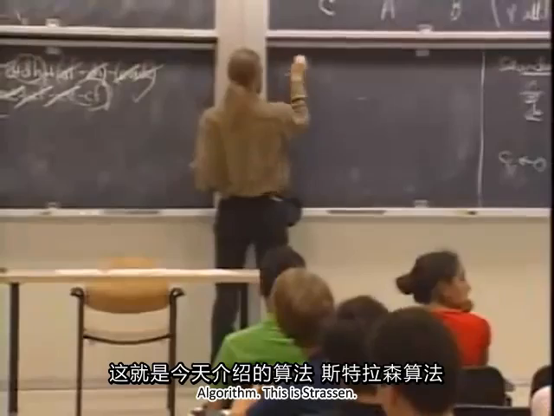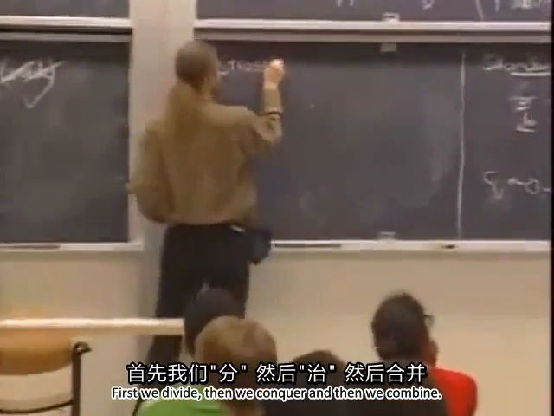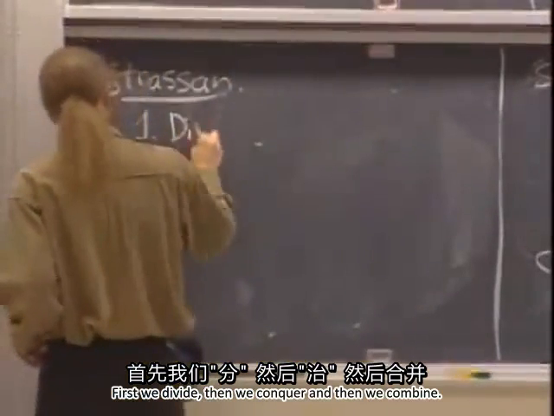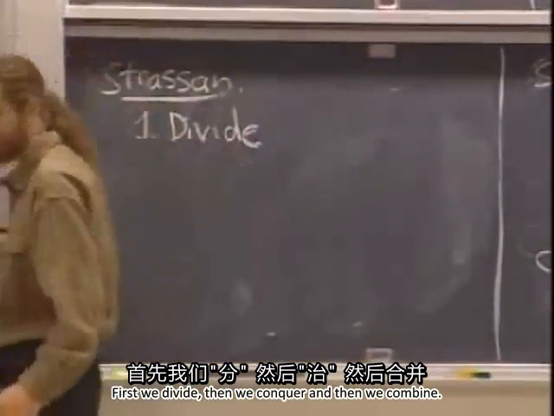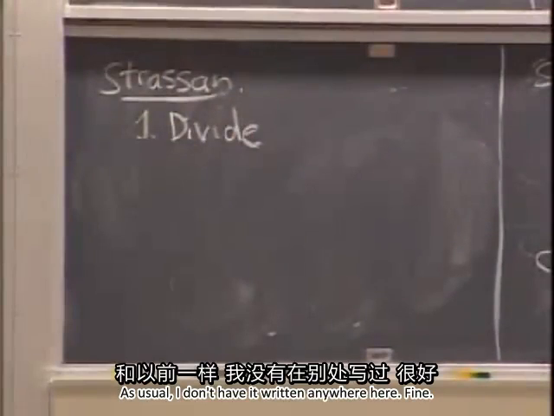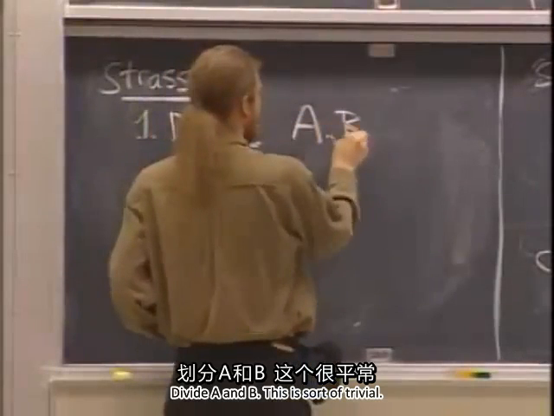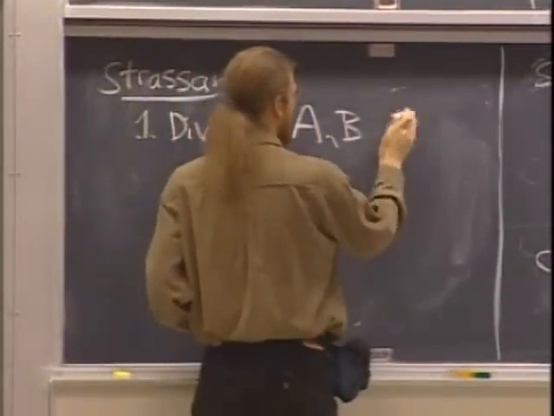Okay, algorithm. So this is Strassen. So first we divide, then we conquer, then we combine, as usual. Divide A and B. Okay, this is sort of trivial.